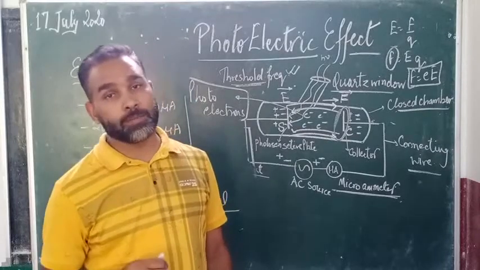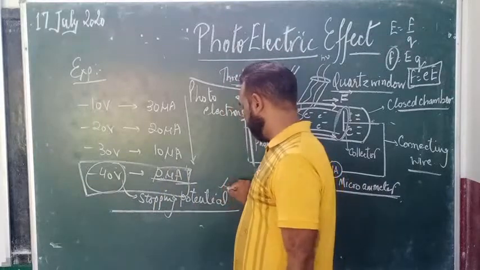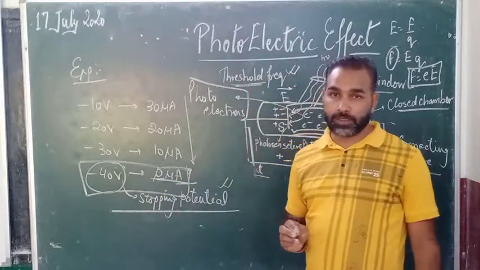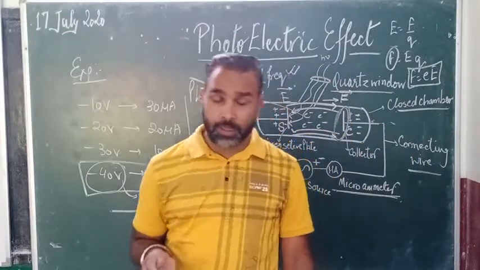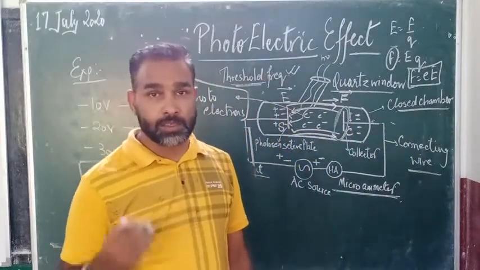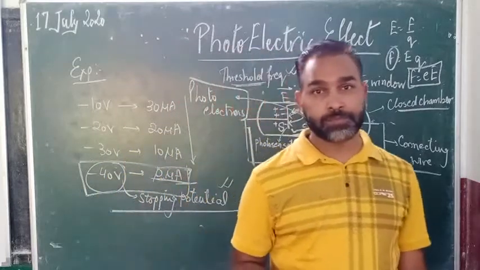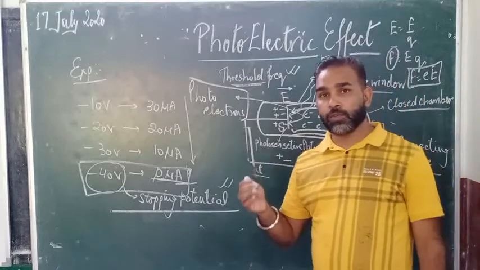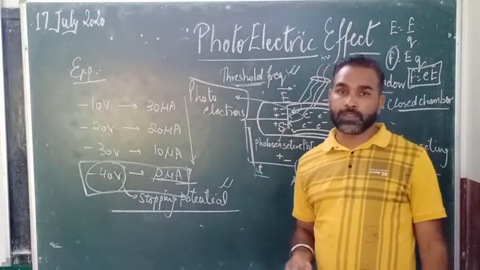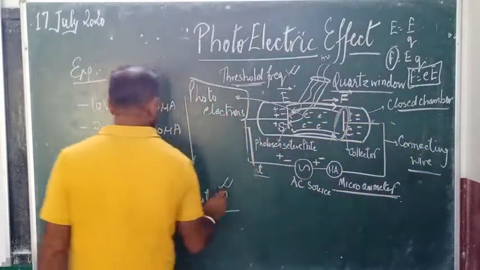So that particular potential is known as stopping potential. Define stopping potential. Many times it is usually asked in the examination. So how will you define stopping potential? Stopping potential is a negative potential at which the photoelectric current becomes 0. Right? So this is the concept of stopping potential.